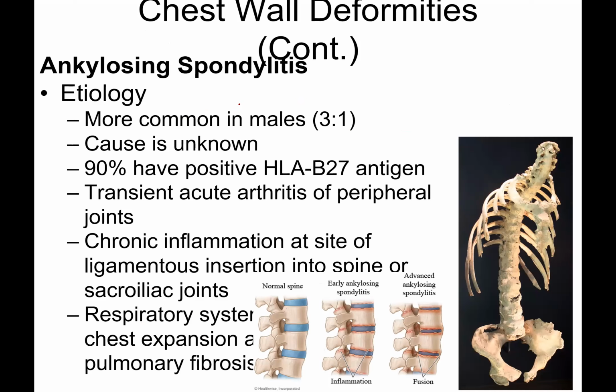Okay, ankylosing spondylitis, also known as AS. Okay, it's an autoimmune disease characterized by the human leukocyte antigen, so HLA-B27. That's the lab that you do to find out if you have it. Okay, it's a type of arthritis that affects the joints.